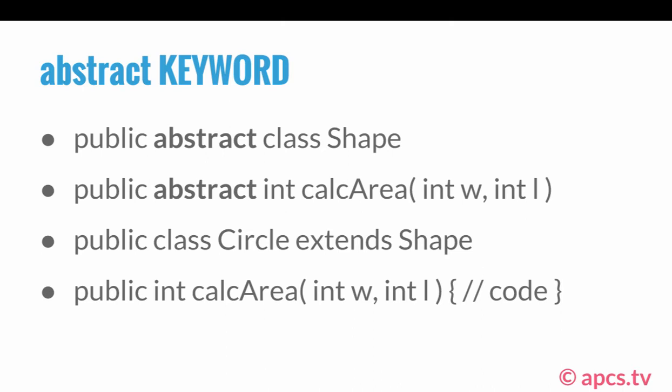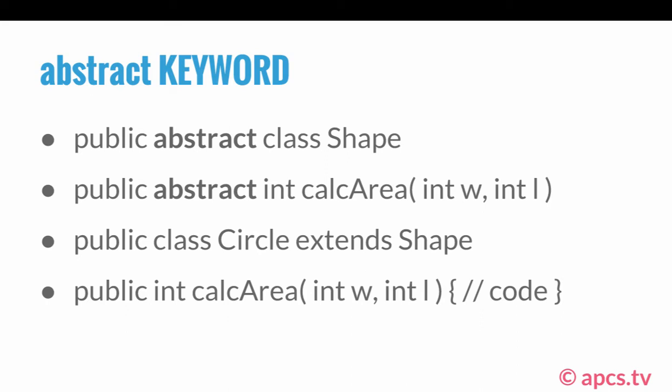So for this method, we would just say abstract int calcArea, and we don't have to write any code for the method. We're just putting the method header, which is the second bullet point. That's all it is. It's just a method header, nothing inside braces, no body to this method, so that whatever subclass extends this shape superclass, it must define code for this specific method.